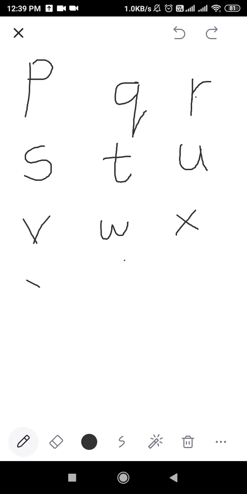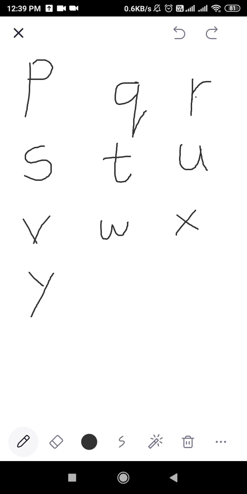Y, capital, then small letter Y. To draw the small y, you have to make one cross line like this and another one like this. Small letter Y. Okay, capital Y you draw like this, and small y like this. Okay, Y for yak.